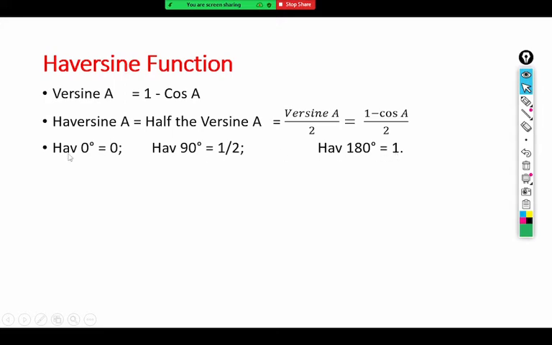So we get a unique value between 0 and 1 for each angle from 0 to 180, so there is no case of ambiguity. A simple formula to remember: Haversine of A is (1 minus cos A) upon 2. First we'll solve two questions with the cosine formula, and then we'll solve examples with the Haversine also in today's session.